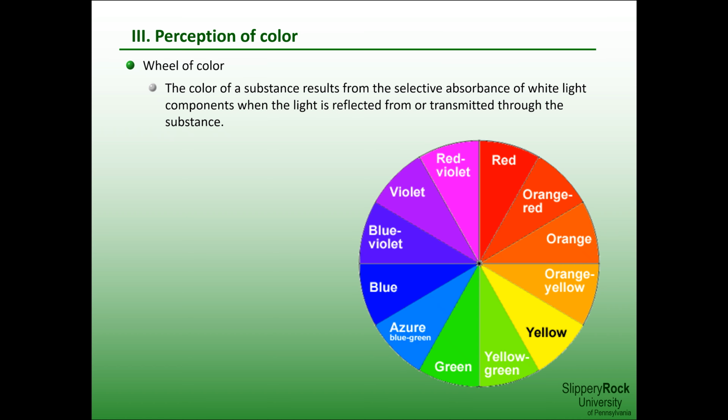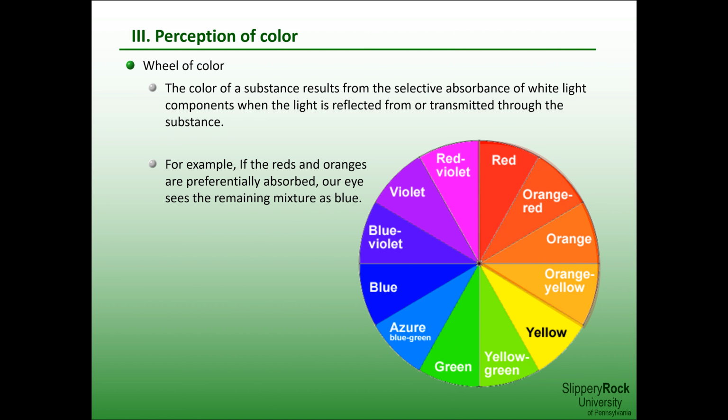The color wheel helps us visualize the relationship between absorbed colors and observed or transmitted colors. For instance, if a solution absorbs light in the red and orange regions of the spectrum, those colors are being removed from white light.